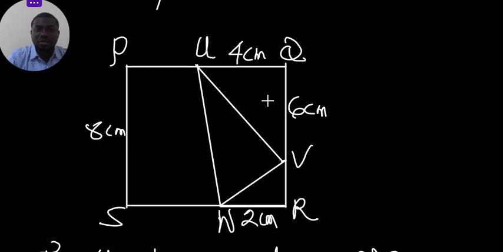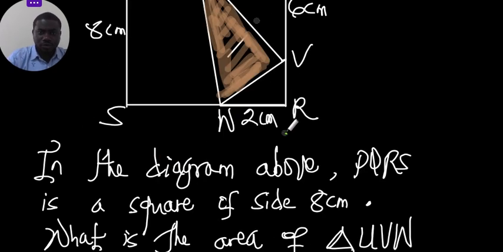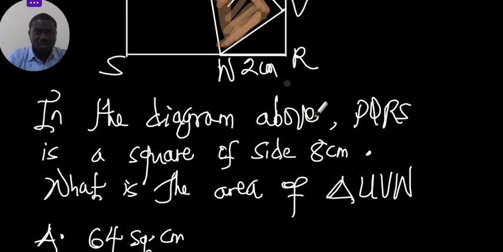So we want to find the area of triangle UVW from here. So let's shade it. So that's the area we want to find. And here we have the instruction.